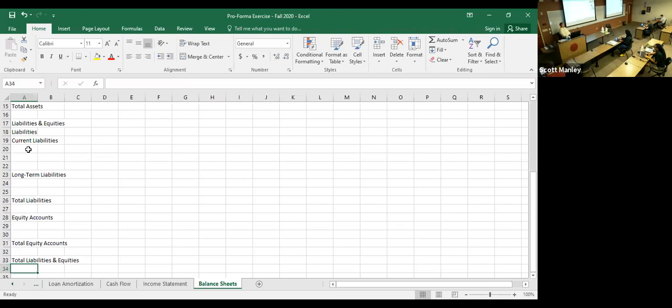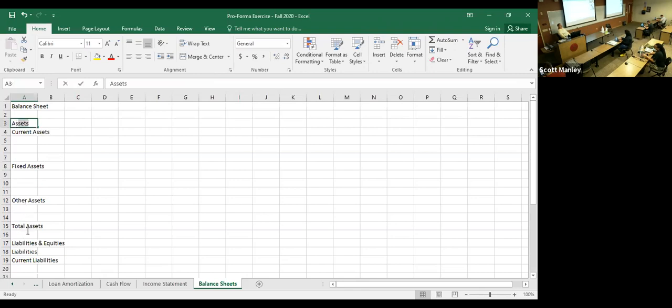All right. So all I did was lay out my format there. We've got our assets up here. This area is going to be dealing with assets, but I just said we've got some current assets, some fixed assets, and some other assets. Then I'm going to bring all those things together.